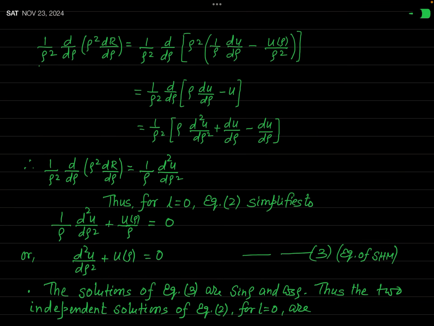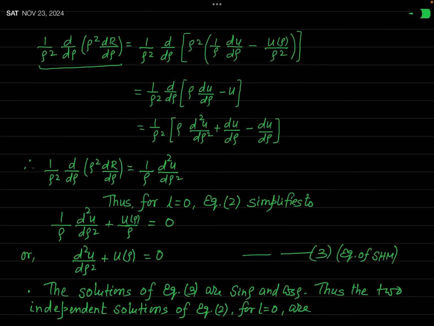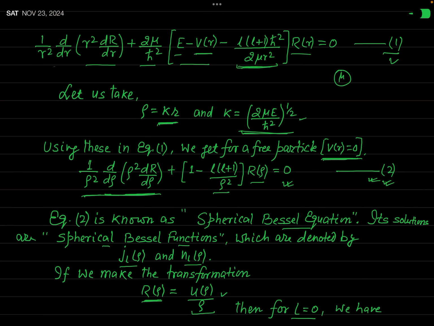So now I am going to find the value of this under this assumption. You can see this is 1 over rho square times d by d rho of rho square dR by d rho. But R you have assumed is equal to u over rho.